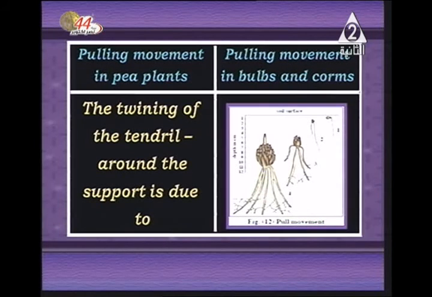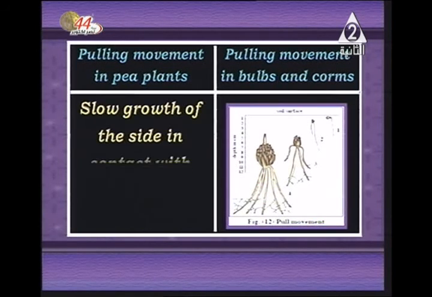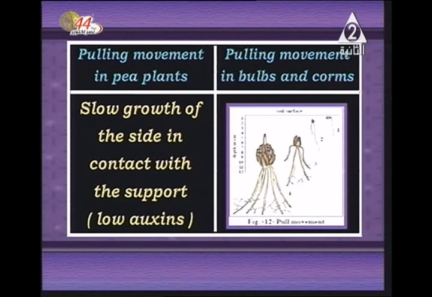We have two sides of the tendril, the side near the support and the far side. The side in contact with the support, the nearer side, has a low amount of oxygen, so its growth will be slow.